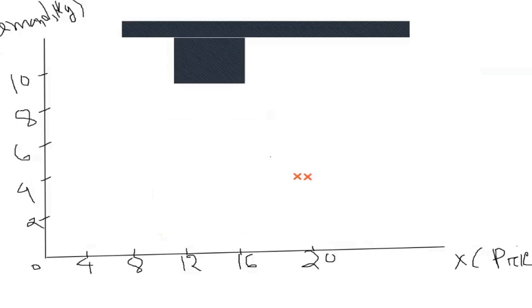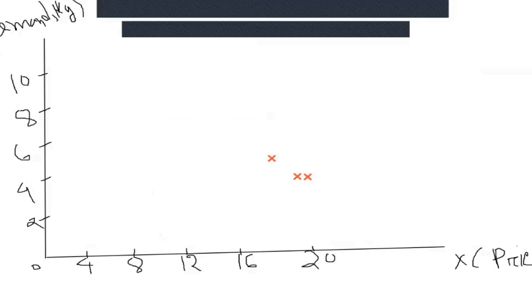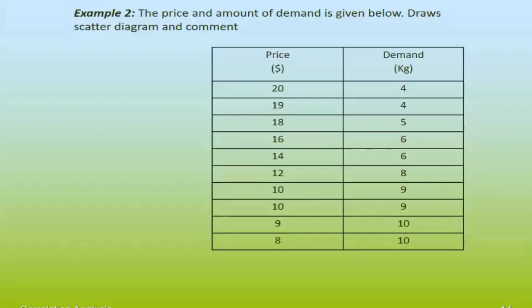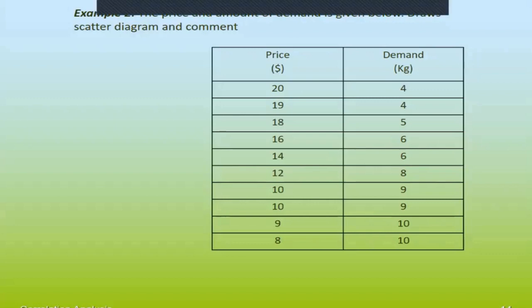Now the next one by one: for 18 it is 5, for 16 it is 6, and for 14 it is 6. So when the price is $16, demand is 6 kg, and also 14 is 6 kg.